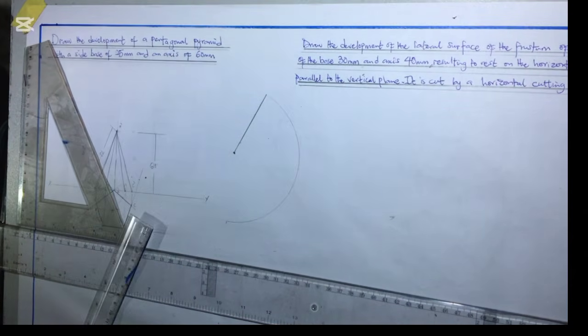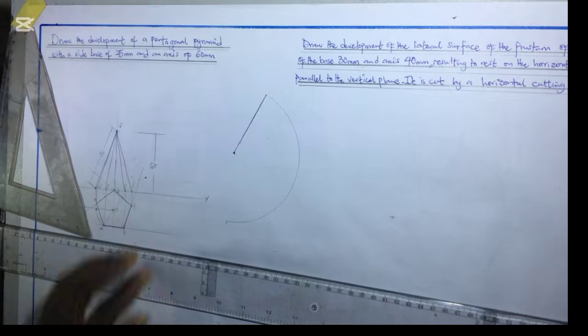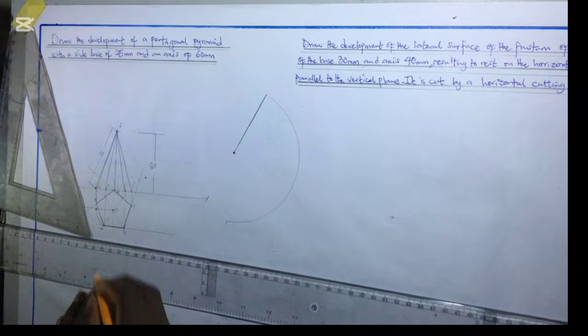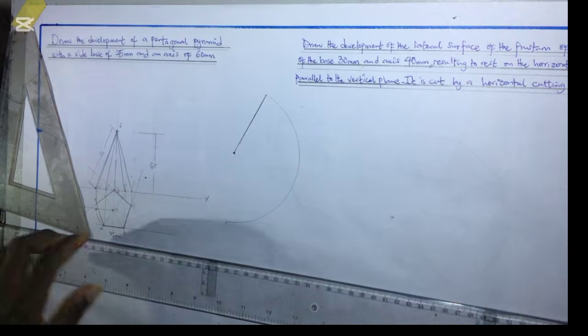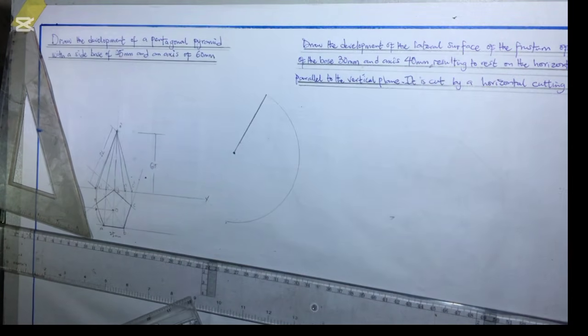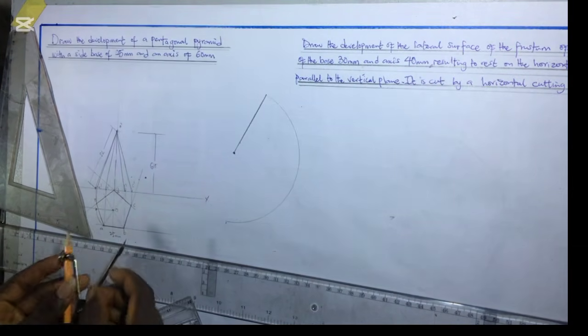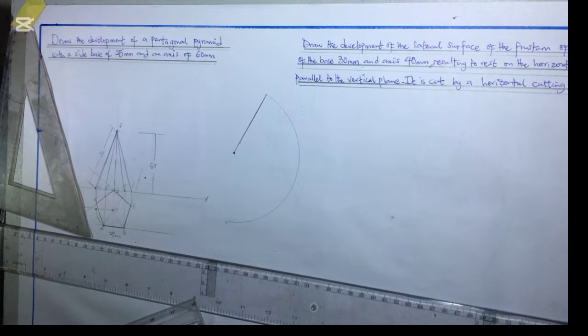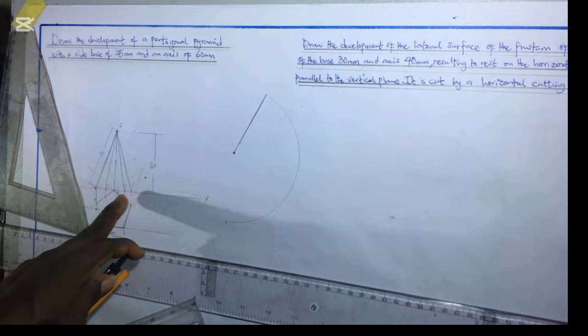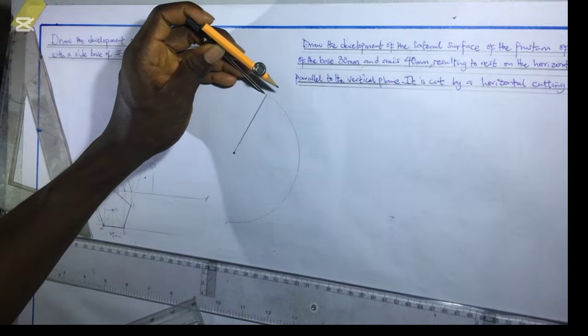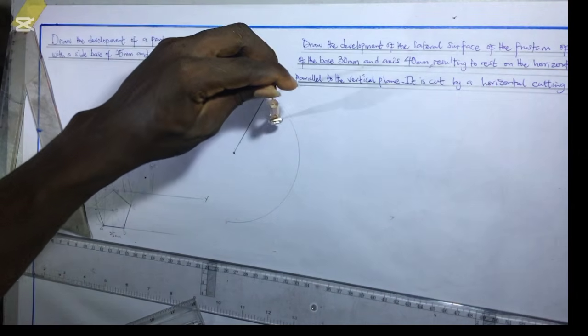So having done that, you will come and pick your side base. Here is 25 millimeter. So you can pick 25 millimeter with your compass. Having done that, you come and start cutting from here. How many sides are we cutting? We are cutting 5 because it is a pentagon. So we have to cut and be careful when you are cutting.